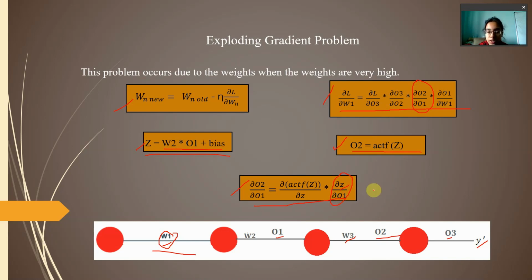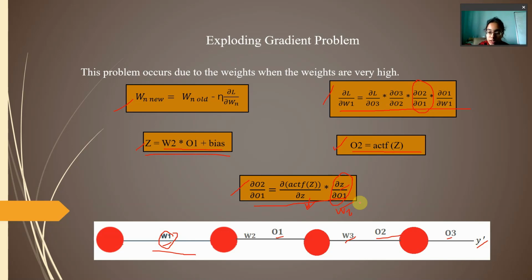Now suppose this is W2, and we already know that the derivative of the sigmoid function ranges from 0.0 to 0.25. Let us consider that this value is 0.25, and let us say this W2 value is 600.